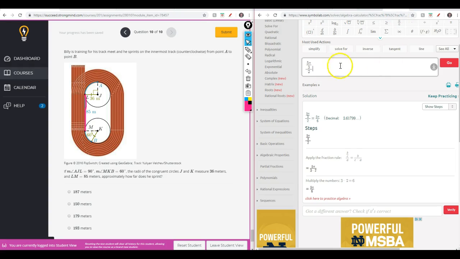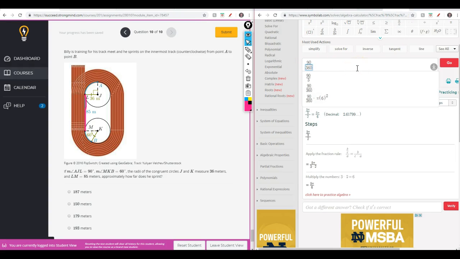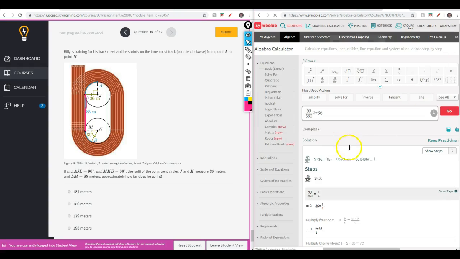So we have 90 divided by 360 times 2 pi times 36, and that's going to give us 56.5486.